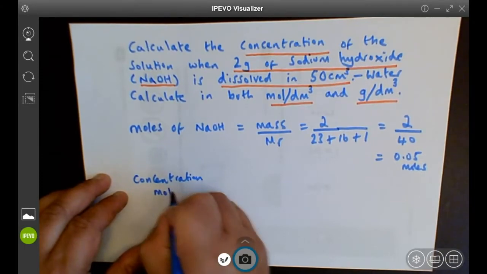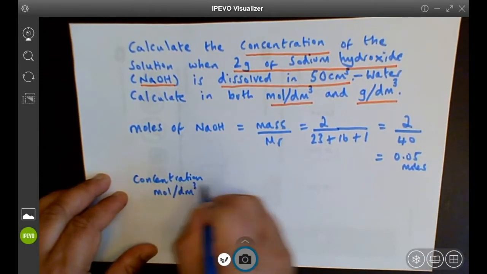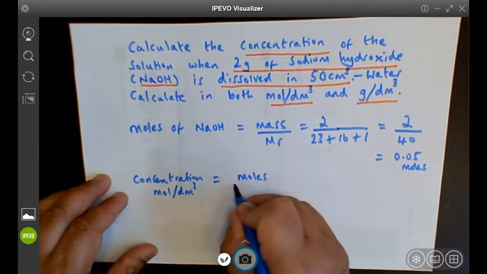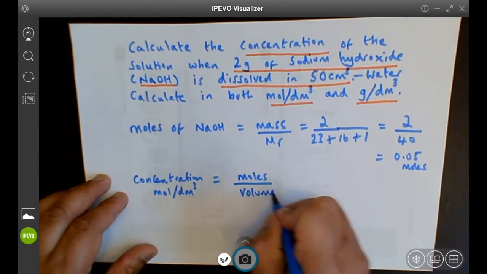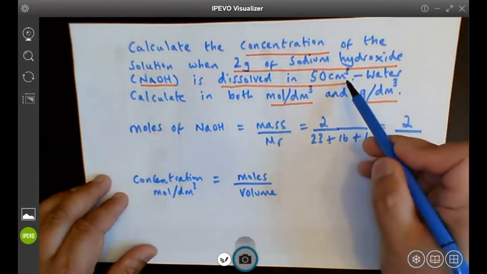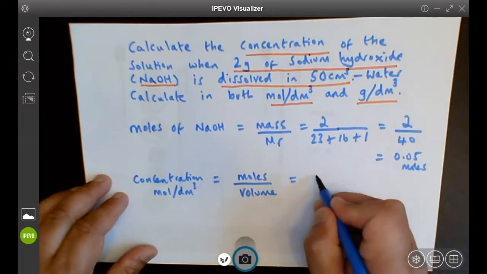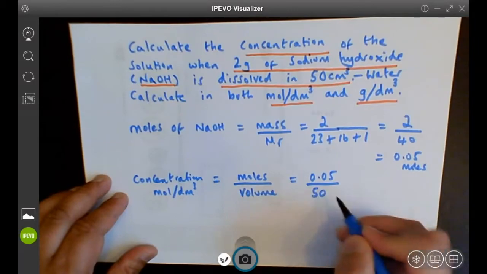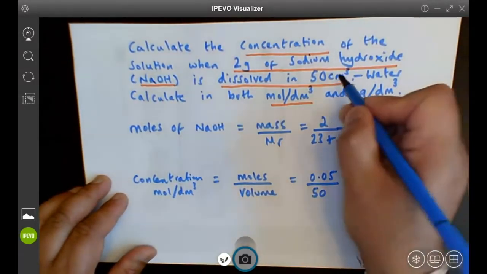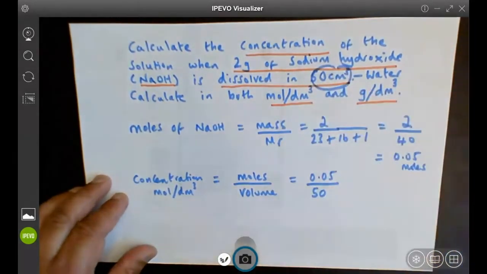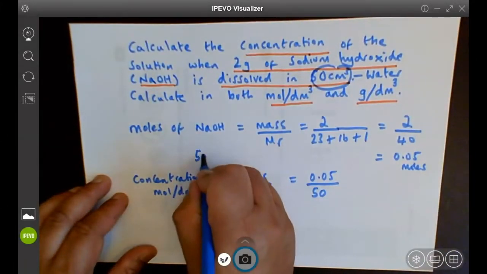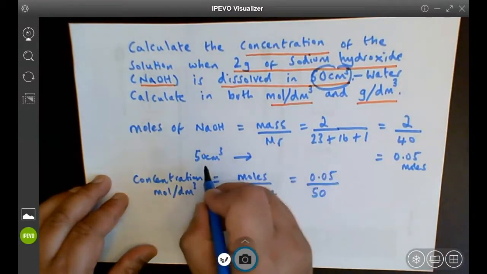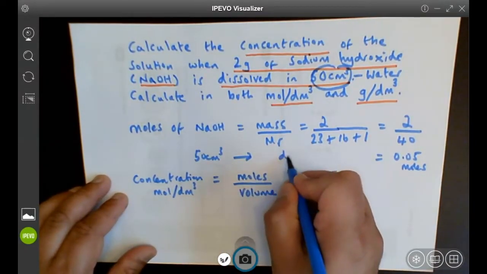So we can work out the concentration in moles per decimeter cubed of that sodium hydroxide, because if we take the number of moles, which we've just calculated, divided by the volume of water which it's dissolved in, we've got 50 centimeters cubed of water there, so that is 0.05, divide that by 50. Now something you've got to be aware of, that is 50 centimeters cubed. We always want to convert centimeters cubed to decimeters cubed.